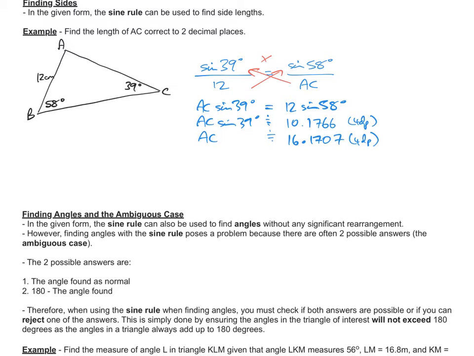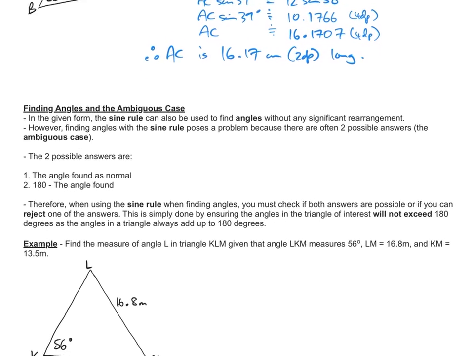And the question's asking for it to two decimal places, therefore AC is 16.17, and we're working in centimeters, to two decimal places. Okay, so that is an example of using the sine rule to find a side. You could have worked it out with the angle and the sides flipped, so the reciprocals of this, it doesn't matter as long as you are consistent. Okay, so that is finding side lengths using the sine rule.